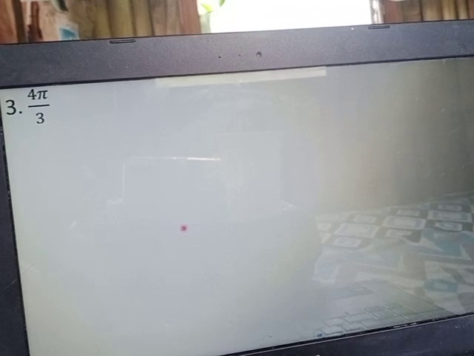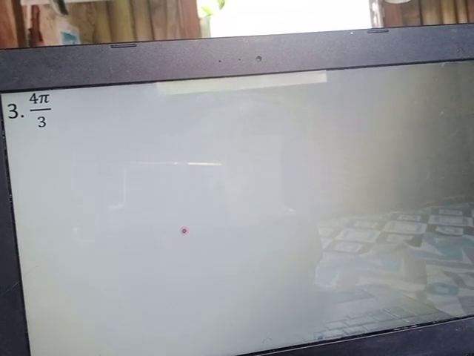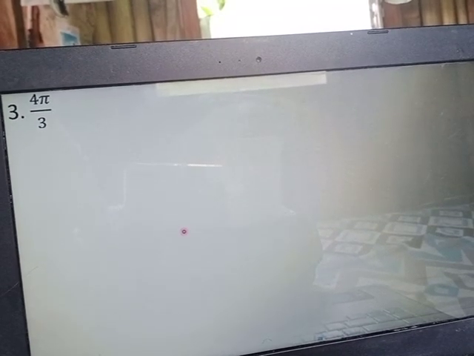So, let's have example number 3. For this case, we will have to convert radians into degrees. Example: 4 pi over 3.